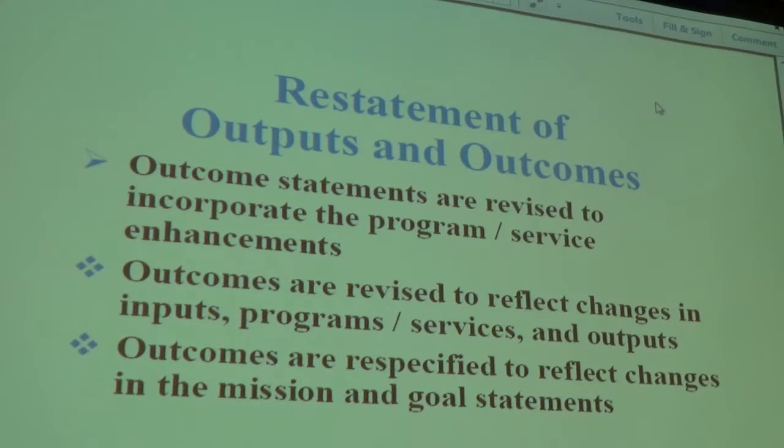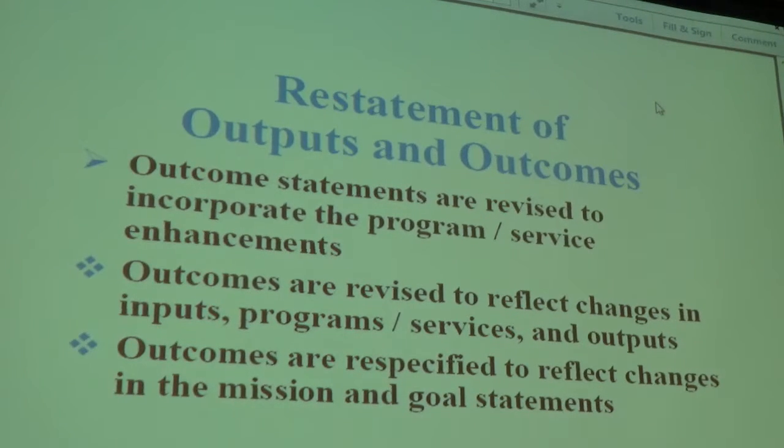Those outcomes need to change as the mission statement changed, as the program and service change, and how the program and service has been modified due to the findings and the recommendations of the assessment.